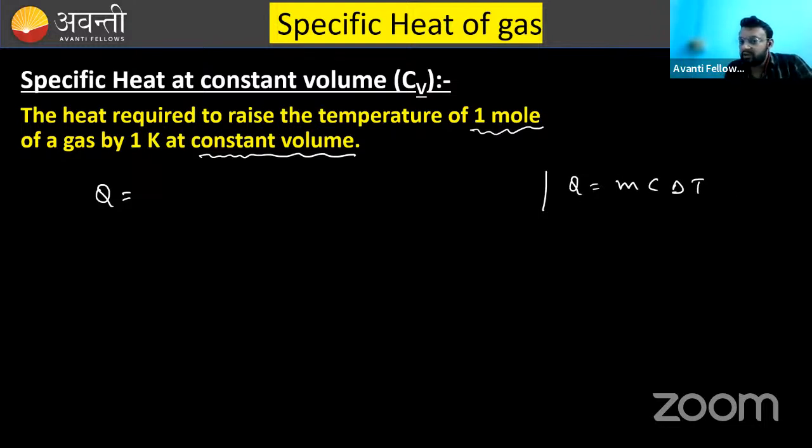Now, M here we are taking as number of moles, so it can be written as N C delta T. But C is at constant volume, so it is denoted by CV. So this is a relation: Q is equal to N CV delta T. You can remember it or you can derive it on the spot. No problem with that.